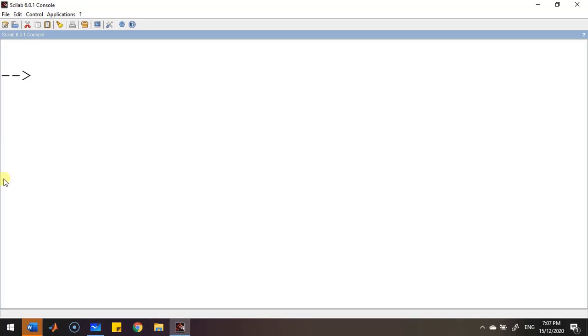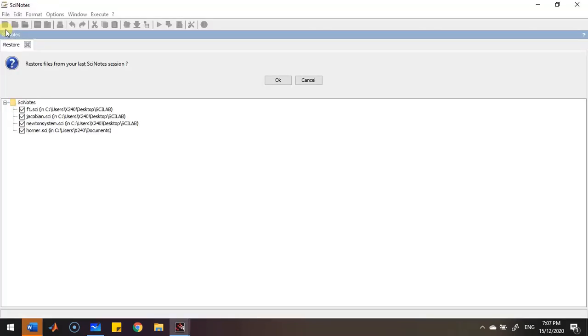So open your Scilab. You need to open Xcos. What I want to show you in Scilab is that we want to write the shooting method using Scilab.